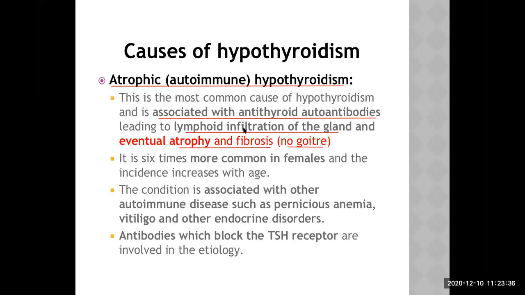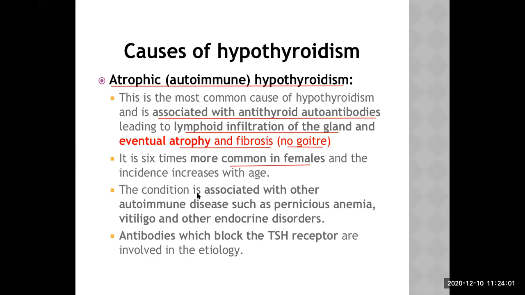Now, let me elaborate again. There is anti-thyroid autoantibody, mainly of the blocking and damaging type. They cause inflammation there, there is a lot of lymphoid infiltration, and ultimately the thyroid gland will shrink in size. As a result, there is no swelling or goiter. It is much more common in females than in males because of its autoimmune nature.